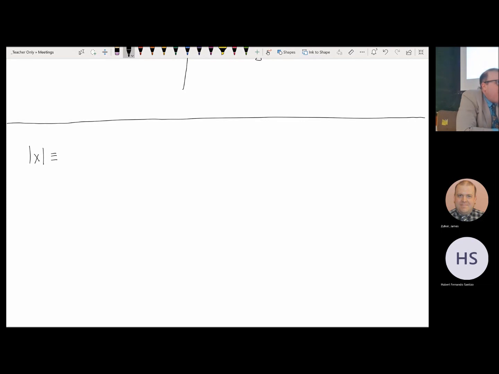It makes every value positive, right? However, you've never really thought of it functionally. So the absolute value of x is a piecewise function.